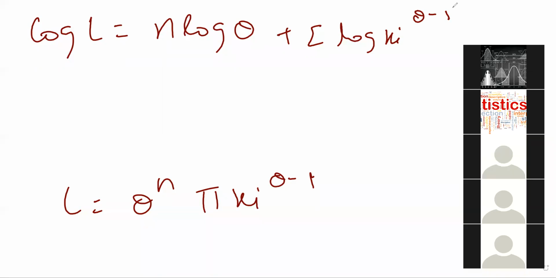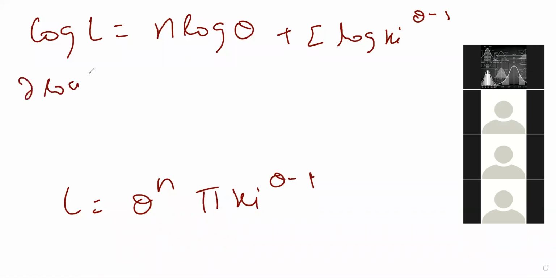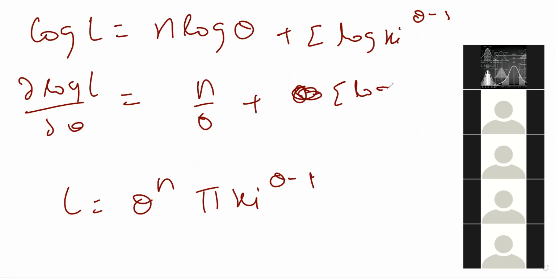Okay, it is right. Then what will happen? Del log L upon del theta will be equal to what? Anybody in the class? So n by theta plus summation log xi. Is it right?